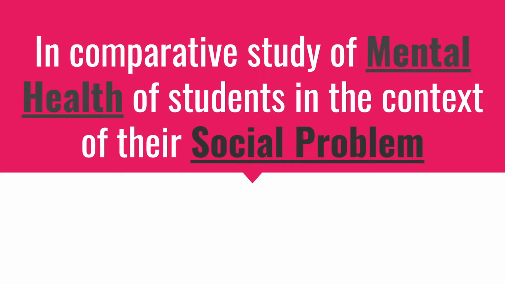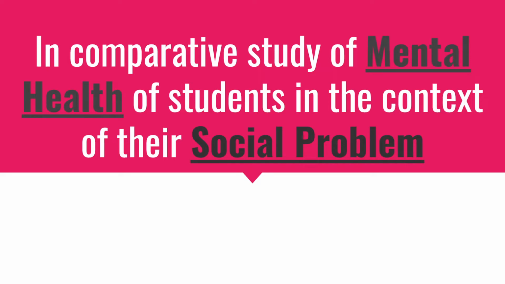The researcher divides the students according to the level of their social problem, which can be high, low, and medium, or very high, high, medium, low, and very low. Levels will be decided according to the need and objective of the study.